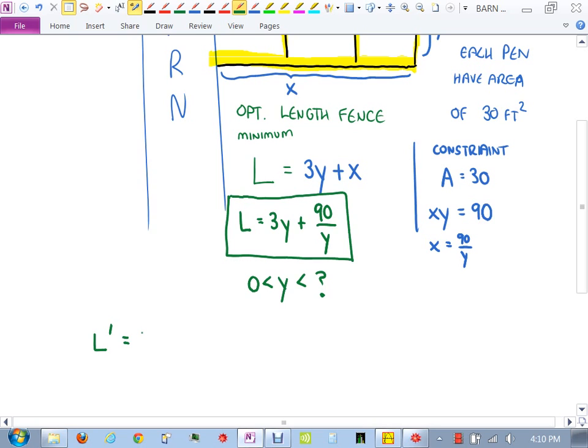What's the derivative of 3y? 3. What's the derivative of 90 over y? Negative 90 over y squared. That's just by treating 90 over y as 90y to the negative 1, then taking the derivative. Set that equal to 0.